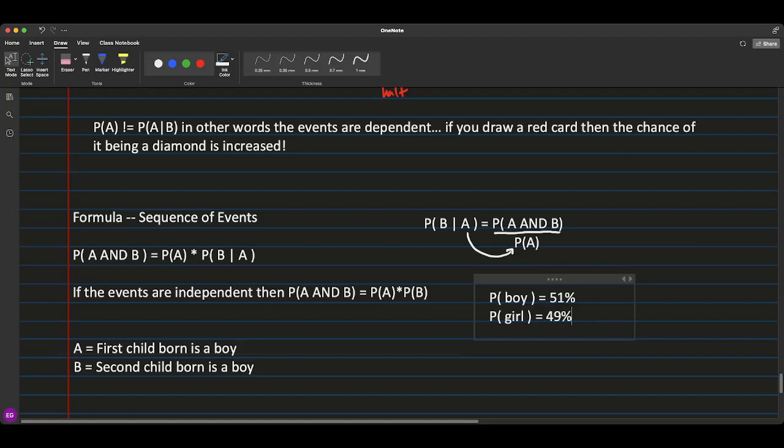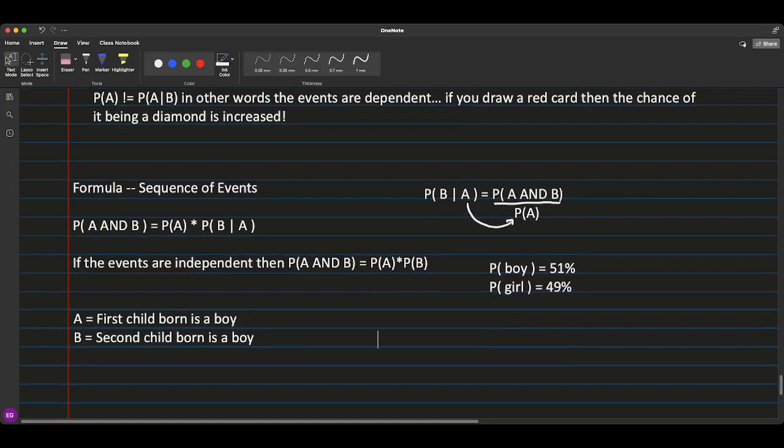They theorize that this has to do with the fact that boys are more likely to be aggressive and take risks, so they're more likely to die, so you have to have more boys born to get a 50-50 balance. And actually boys are more likely to die during childbirth than girls, so it evens out. It ends up being 50-50 over time, but you need more boys to be born to make that happen.